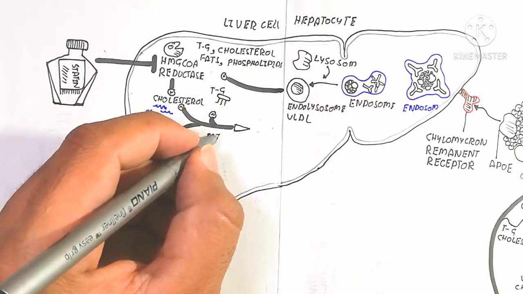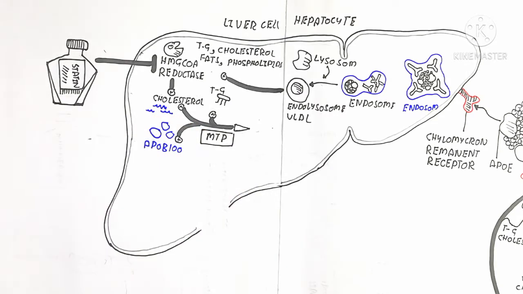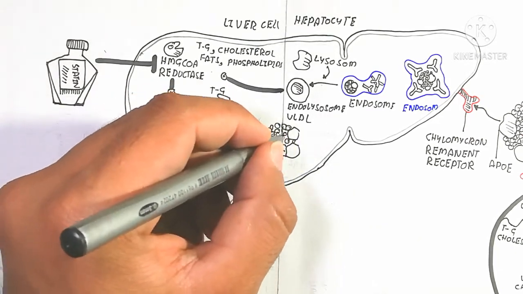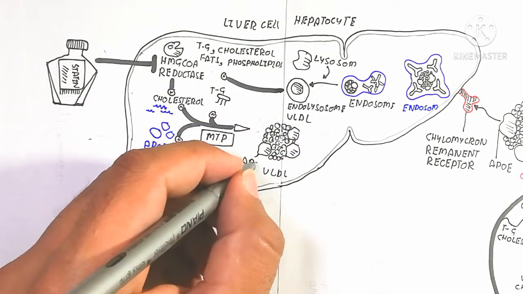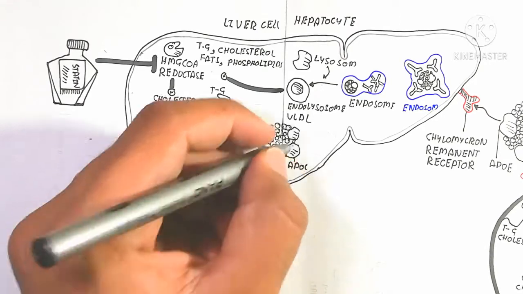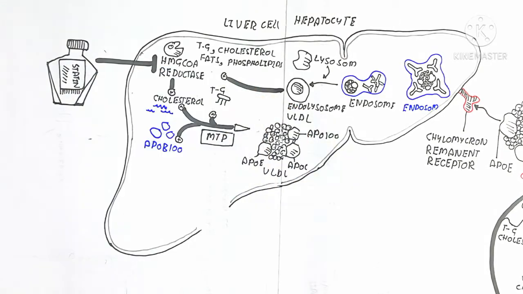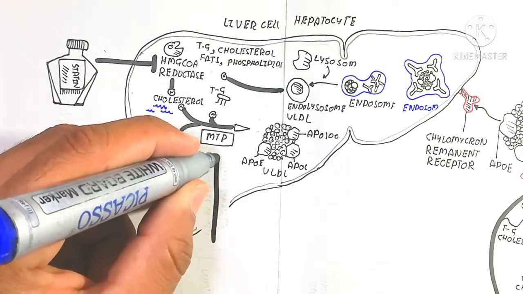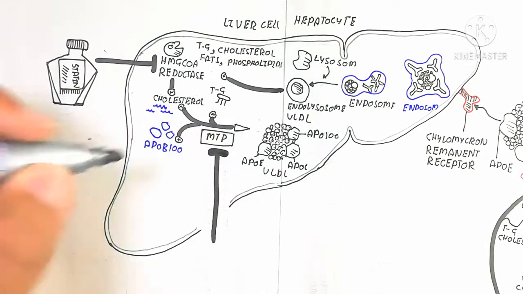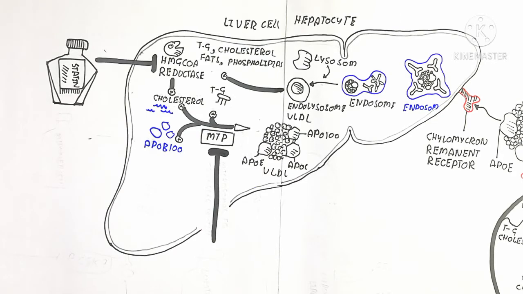Another thing is MTP, the microsomal triglyceride transfer protein, used to transfer ApoE, ApoC and Apo100, which convert it into very low density lipoprotein.